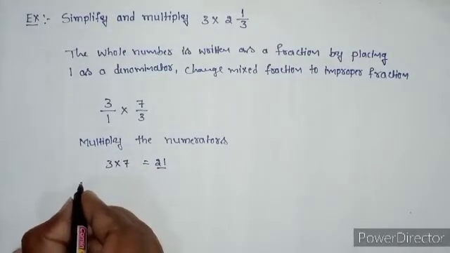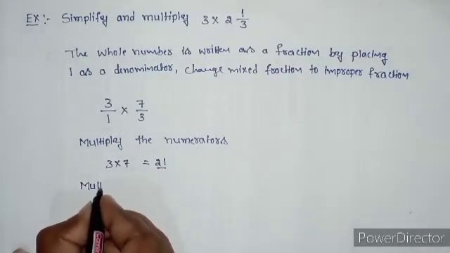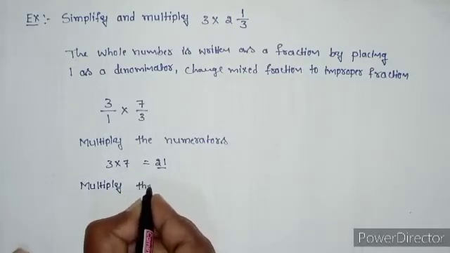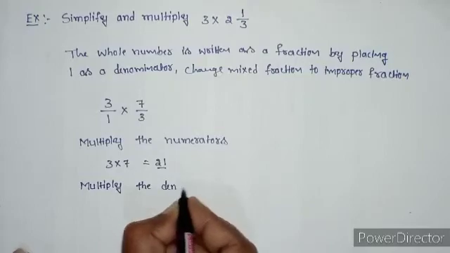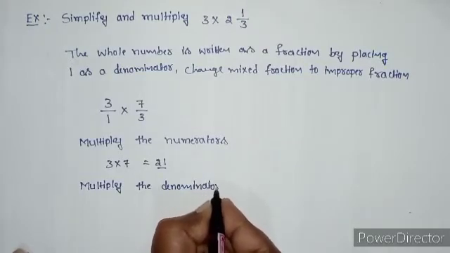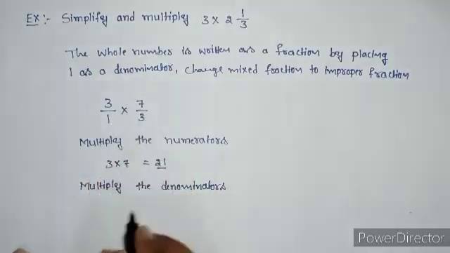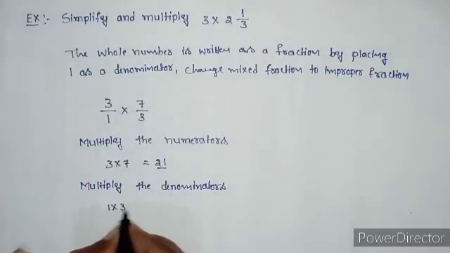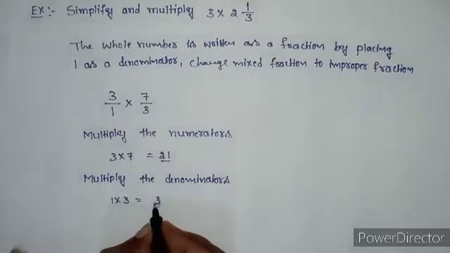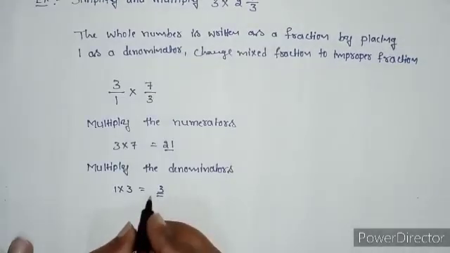So all of you see here, multiply the denominators. So 1 into 3, 1 3 is a 3 only. Now we need to reduce the fraction.